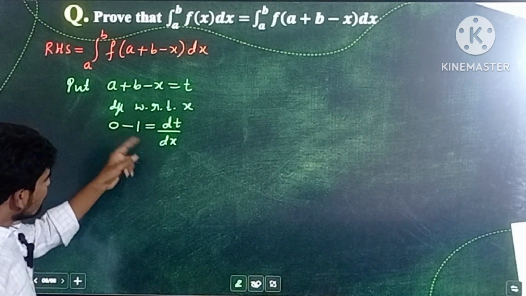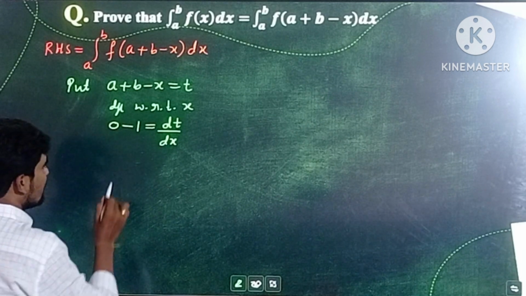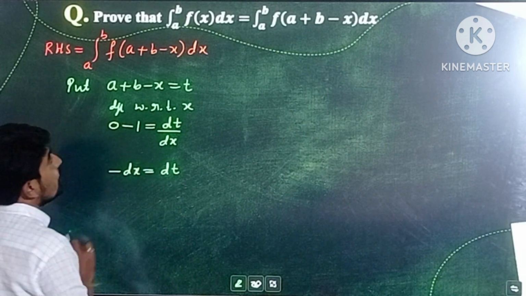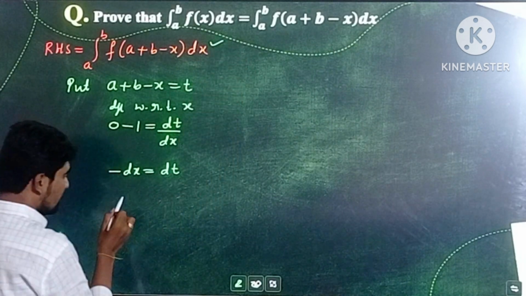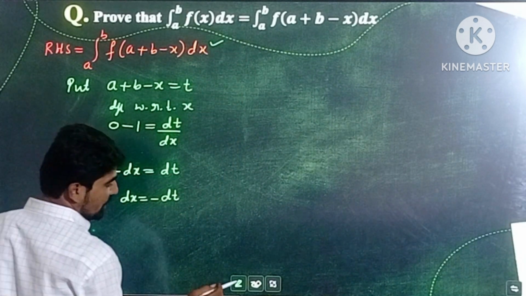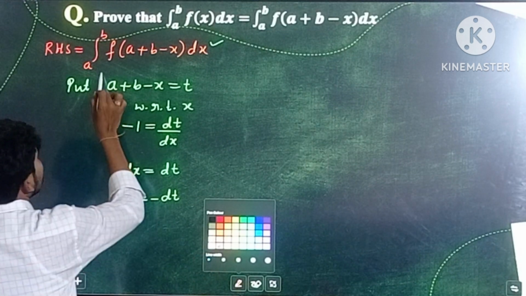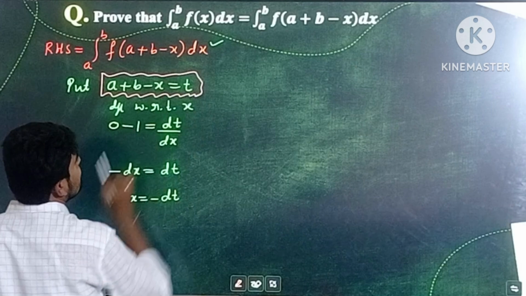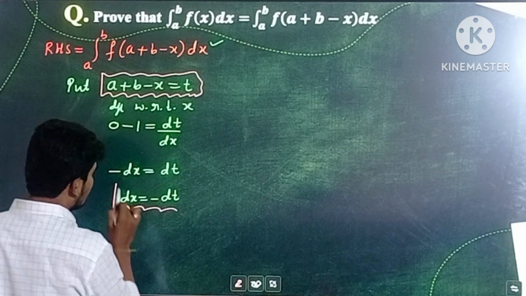Then by cross multiplication, minus 1 into dx is minus dx equals dt. But we need dx, therefore dx is equal to minus dt.